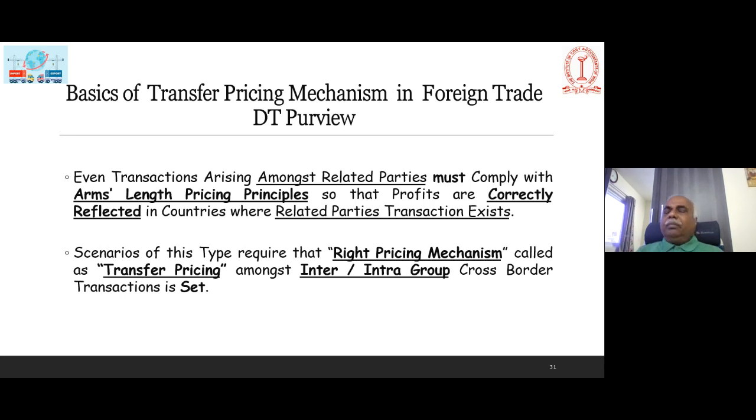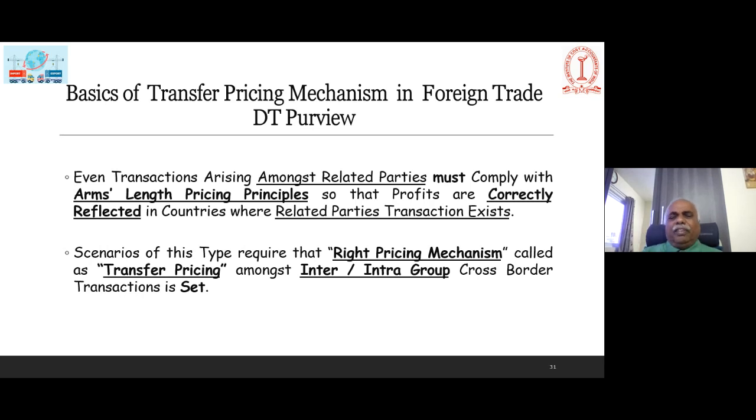If I am charging interest to the public at 12% and my relative 10%, that is not arm's length. If I am giving credit to the public for 60 days and my relative 30 days, that is not arm's length. Arm's length means not only the price, the discount and the period of credit, all these things come into the picture.